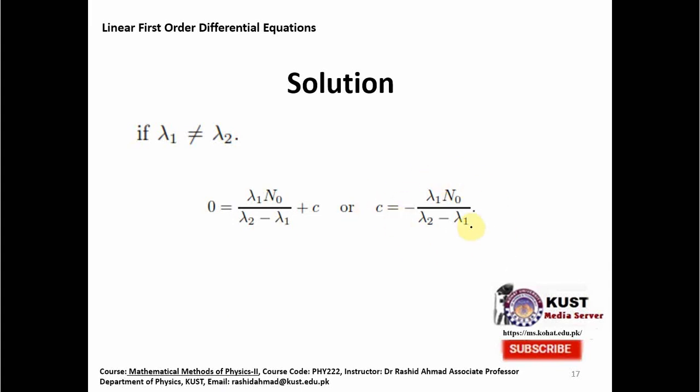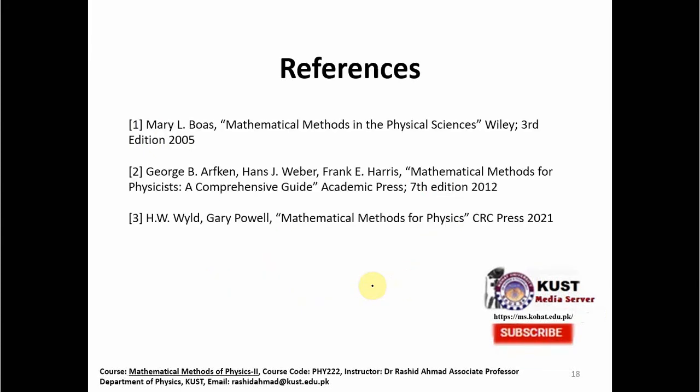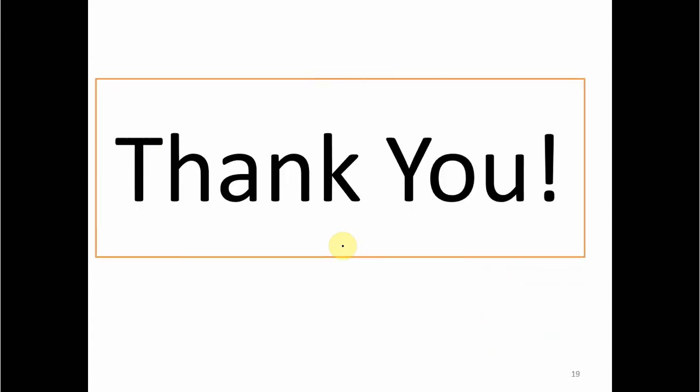We have determined the value of the integration constant, and with this n2 is completely determined, and this is the expression for n2 in terms of n0 and the two radioactive decay constants.